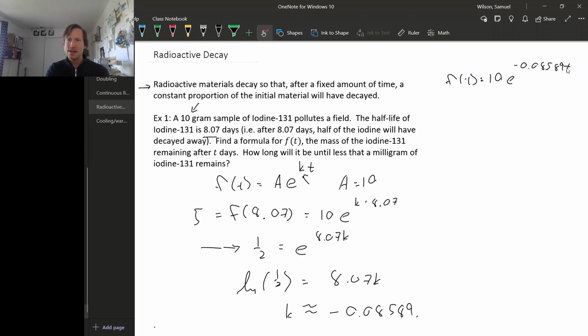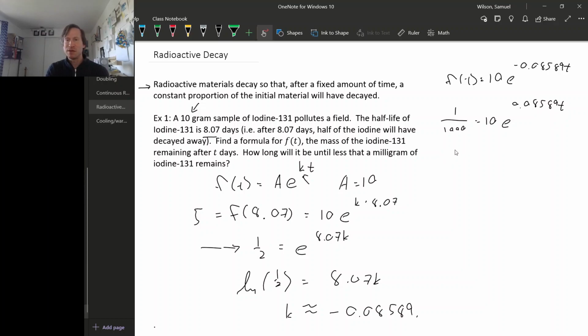Okay, so that means that our function is 10 times e to the negative 0.08589 t. And we want to know, when does this get down to a milligram? A milligram is a thousandth of a gram, so 1/1000 equals 10 e to the negative 0.08589 t. Now just solve for t.